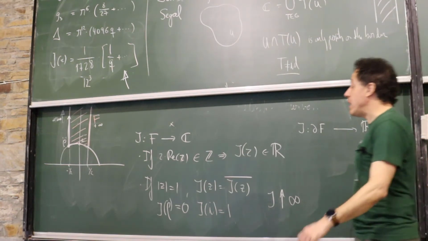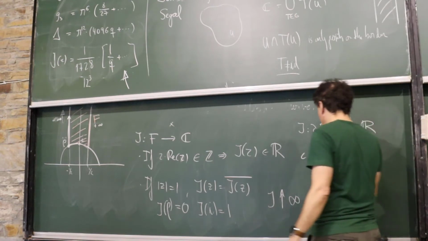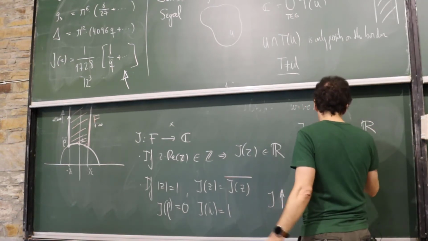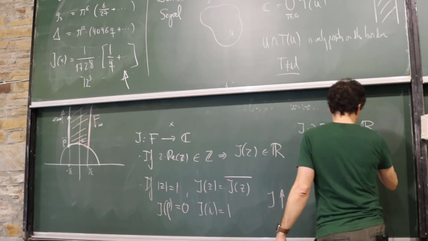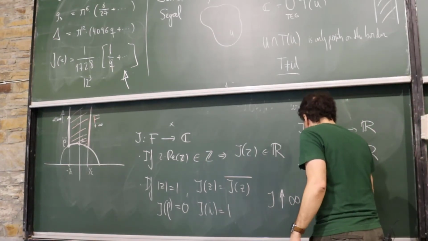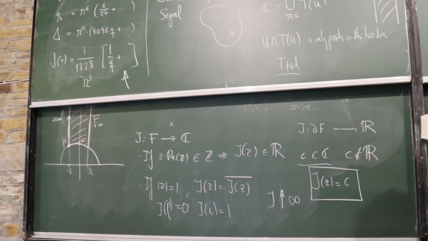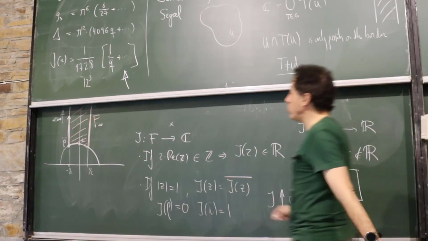And moreover, you take any value c, complex. Imagine c is not real. We're going to see that there exists some point where J takes the value c. In fact, J takes the value c at only one point. How can you do that?